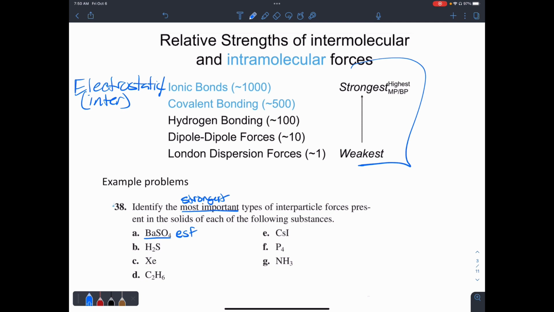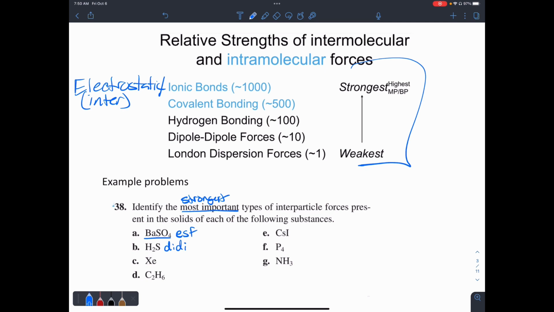Can it perform dipole-dipole forces? Well, if it is polar, then yes. Can you look at this molecule and tell if it's polar? H2S, it's very similar to H2O, and we know H2O is polar, so H2S is also polar, so dipole-dipole is the strongest intermolecular force.